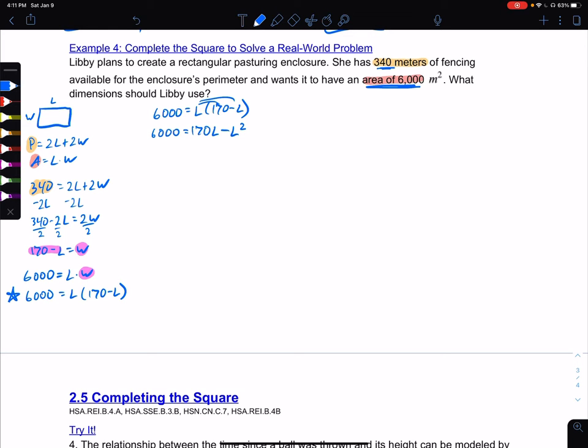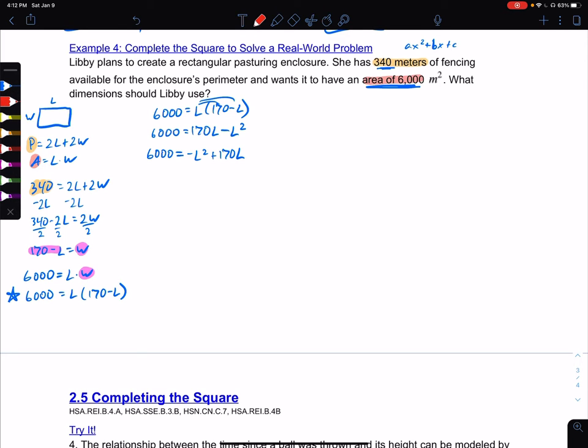So moving forward, 6,000 is equal to, I'm going to switch these two terms. I'm going to put the negative L squared term first because that's basically your ax squared, remember, plus bx plus c.